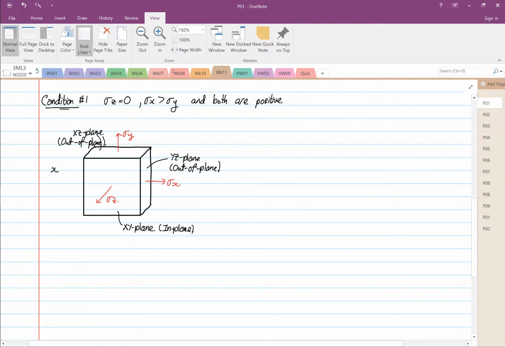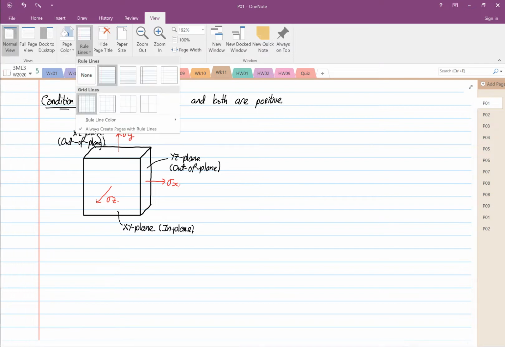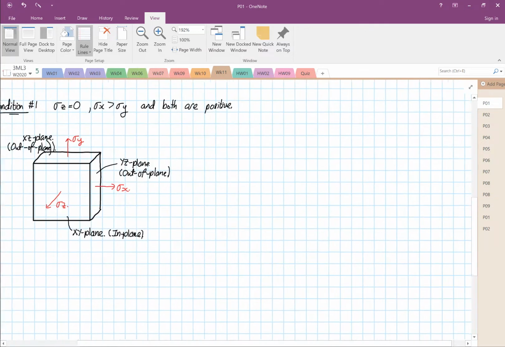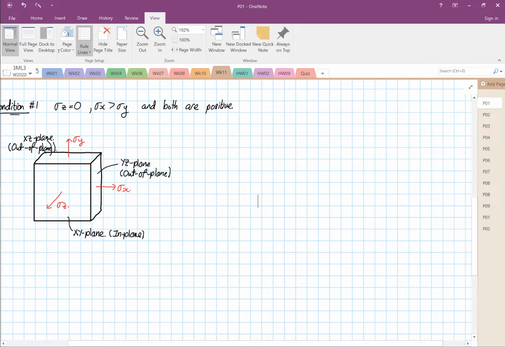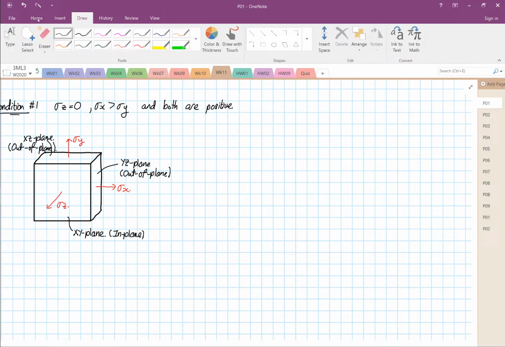Okay, so we're going to sketch our first 3D Mohr circle. You realize that they are all without shearing stress at all, as you can see. So this is our normal stress.